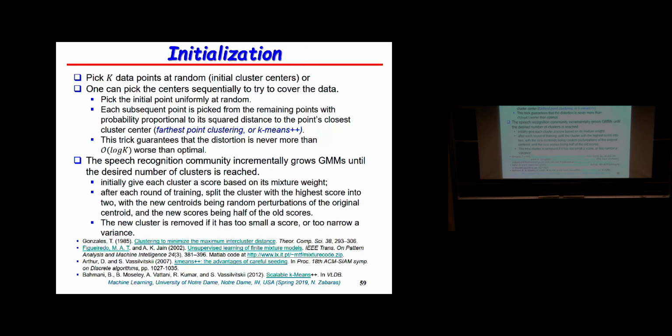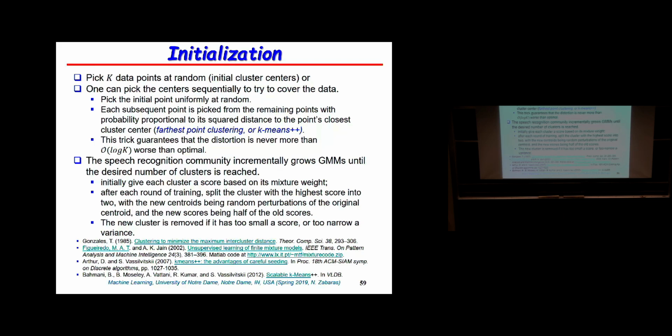The only thing I'm going to say about initializing this EM algorithm is that the standard way to do it is using the k-means algorithm. So somewhere at the start of your program, you should have some initialization based on k-means.